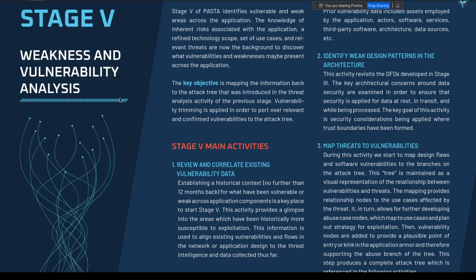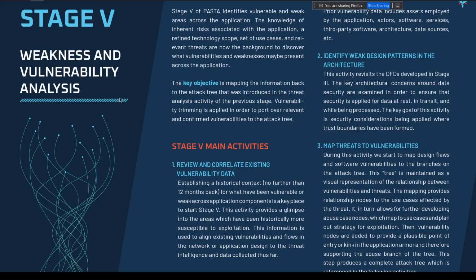Let's say that we have a SQL injection vulnerability. That cannot exist in the database. It might be an application level vulnerability that might impact the data present in the database, but it needs to be mapped to the application. So this first activity will help you understand which components are most vulnerable, and also understand whatever vulnerabilities you already found.